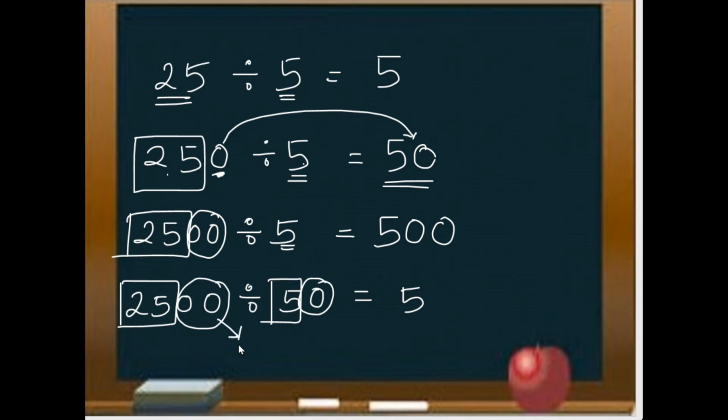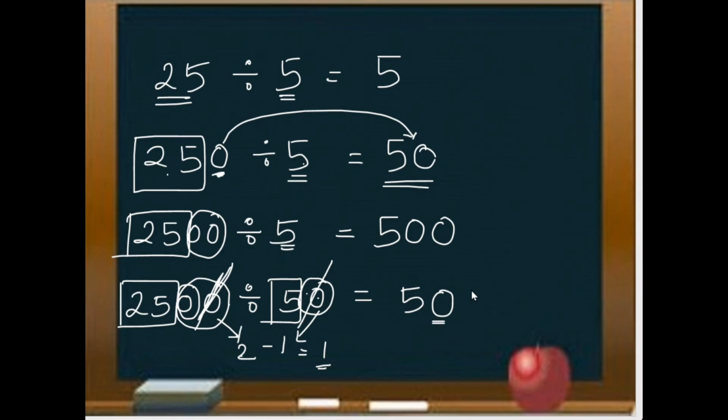So here there are two zeros and here there is one zero. If I subtract, 2 minus 1 is equal to 1. That means I should have only one zero in my answer. Or for better understanding, you can say I'll just cross out the common zero. I have 1 zero in 50. I will cross out 1 zero from 2500 to match with it. And this 1 zero which is remaining, I am going to put in the answer.